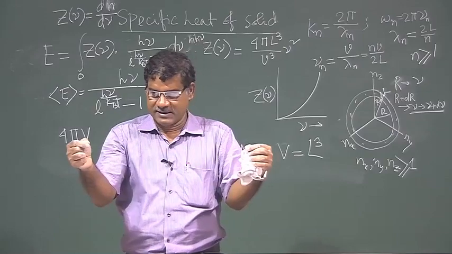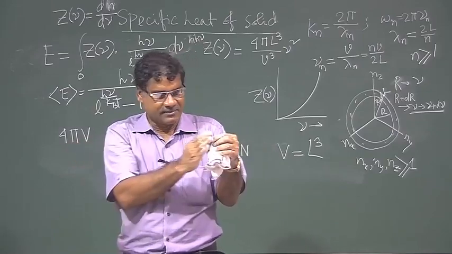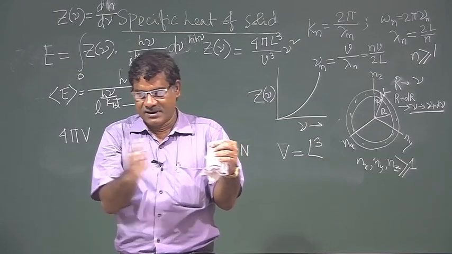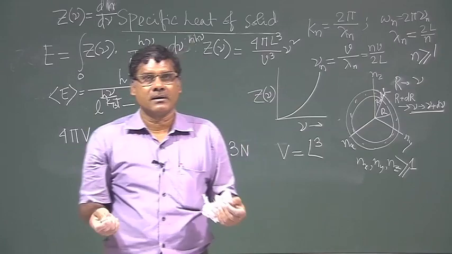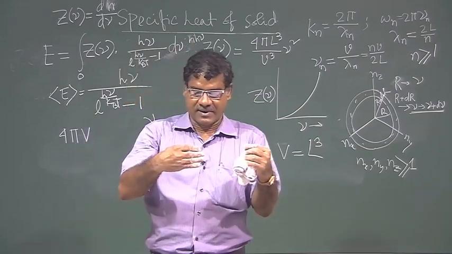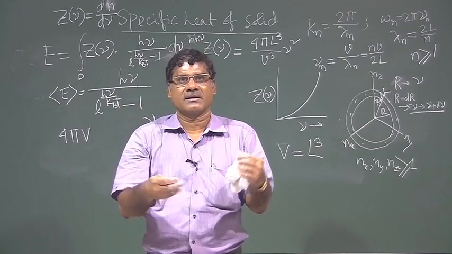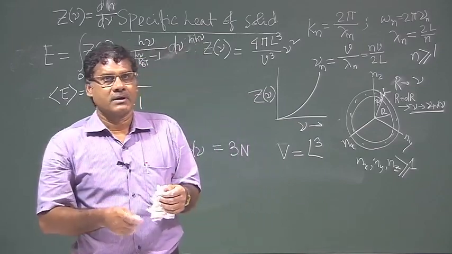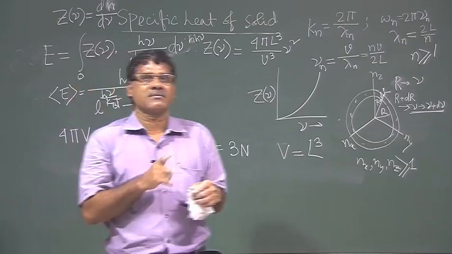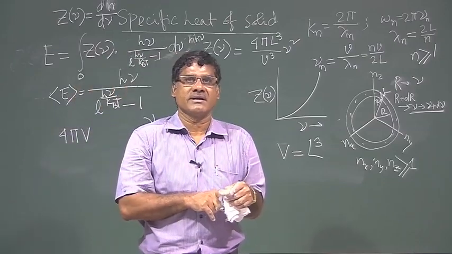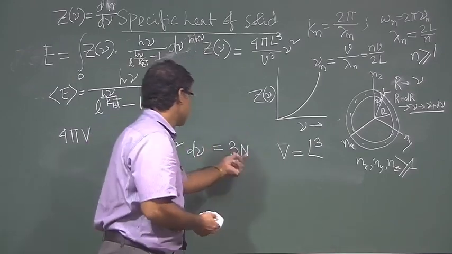So, if you take a string, the vibration along this direction basically tells the longitudinal mode, and vibration along this direction or this direction is called the transverse mode. Okay. So, the velocity in case of the transverse mode and the longitudinal mode are generally different, they are not equal. So, we have considered 3N.